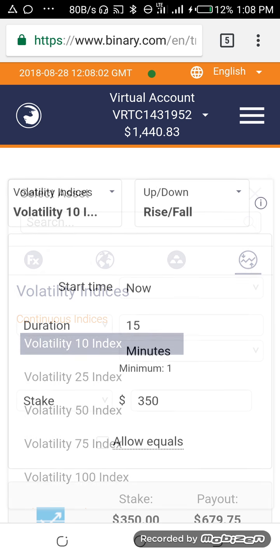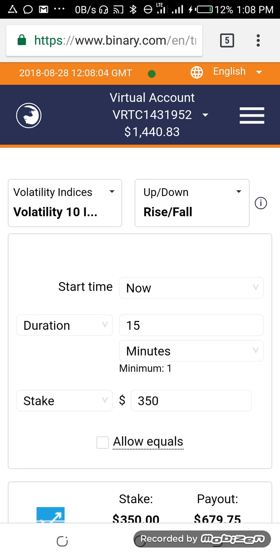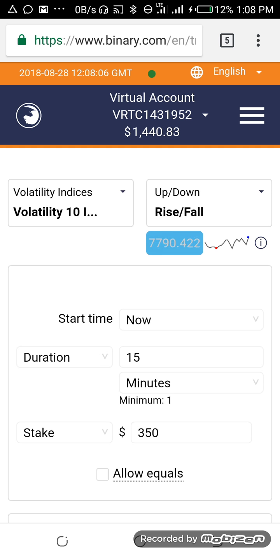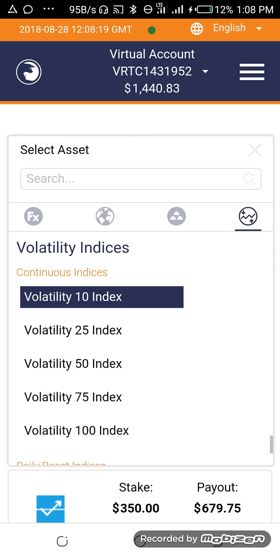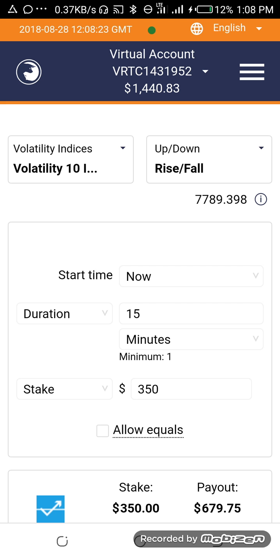Now, I'm going to show you an example, which I would want you to watch carefully, to see how it's done. This is a practice account, so I'm just trying to show you the interface. Say rise or fall, you select the one you want, like this. I select volatility.